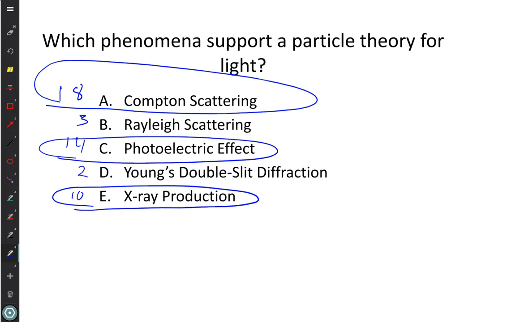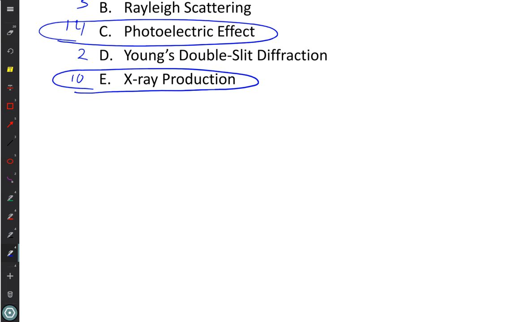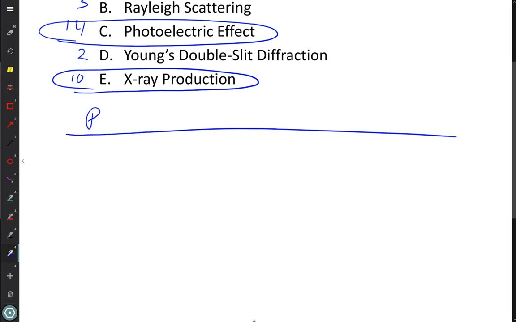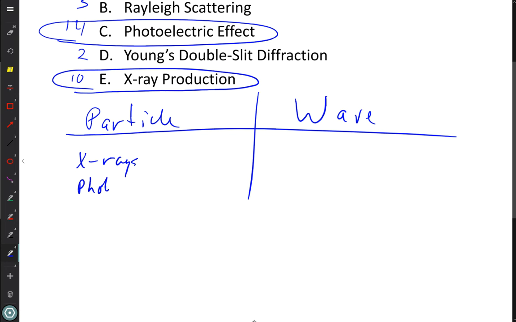So we can take this and we can divide up the things that we studied recently under the headings of particle and wave. And for particle, we had X-rays and photoelectric effect, which were just the reverse of each other.